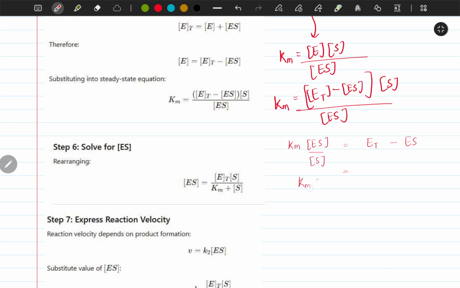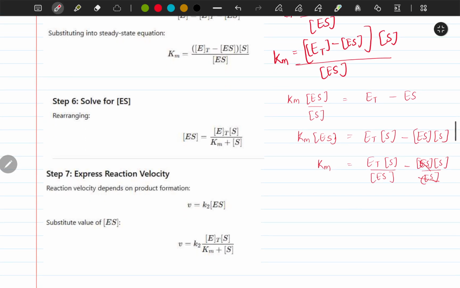Let's just try it. Km ES is equal to ET substrate minus ES substrate. Now I have Km is equal to ET substrate upon ES minus ES substrate upon ES. This is cancelling out and I am left with an S.